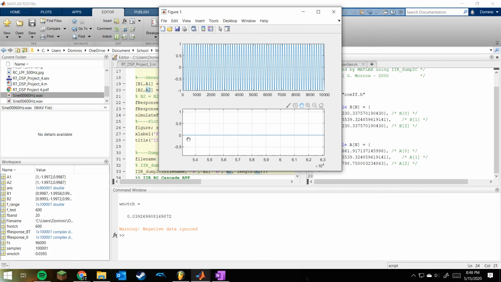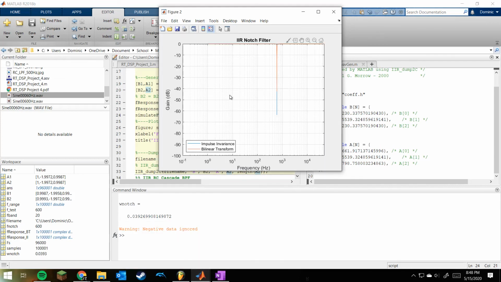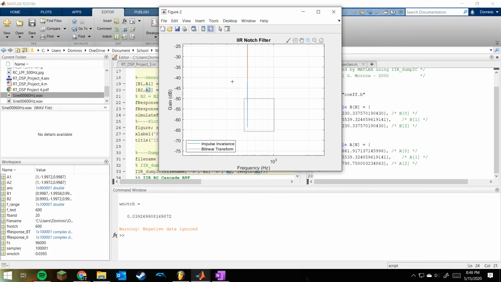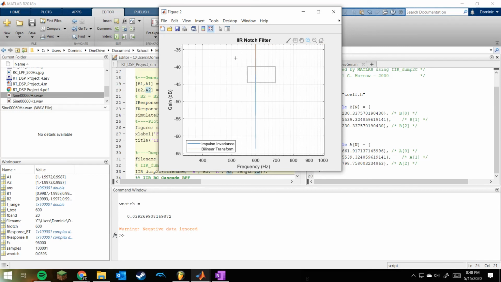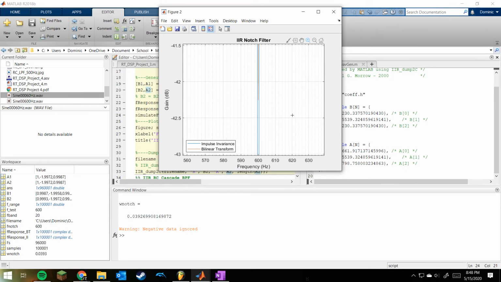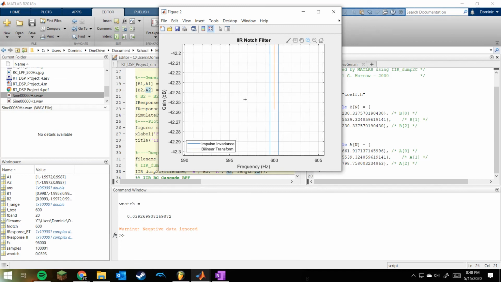If we go ahead and look at the plot here, you see the impulse invariance technique is actually a bit more aggressive in attenuating than the bilinear transform.